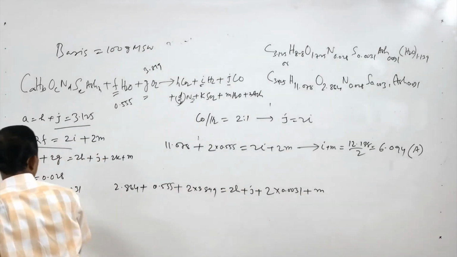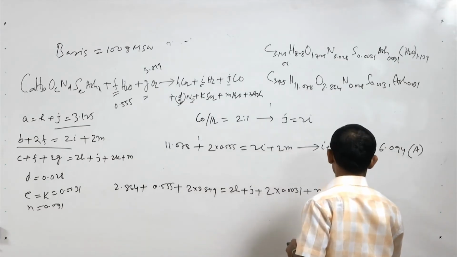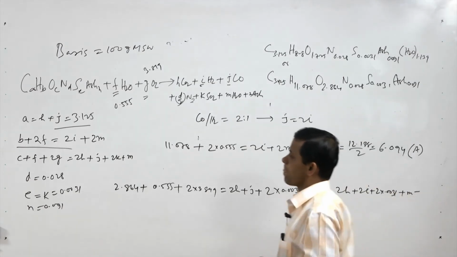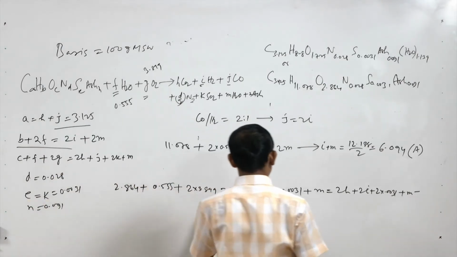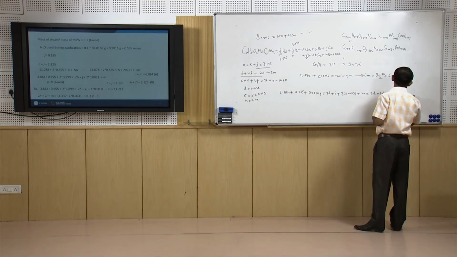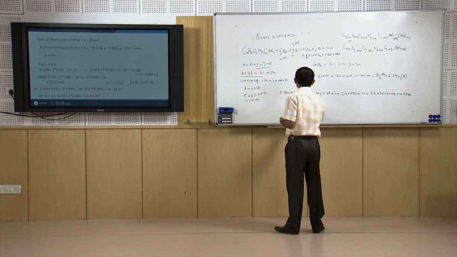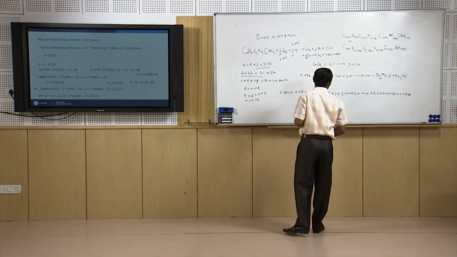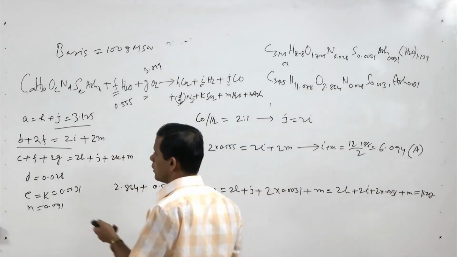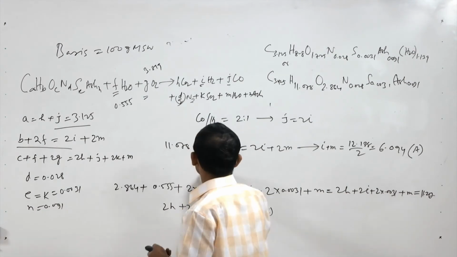So, if we put this J equal to 2I here, so this will be equal to 2H plus 2I plus 2 into 0.0031 plus M, that is equal to, we are getting this part equal to 11.217, or we are getting 2H plus 2I plus M, that is equal to 11.217 minus this 2 into 0.0031. So, that is equal to 11.211.